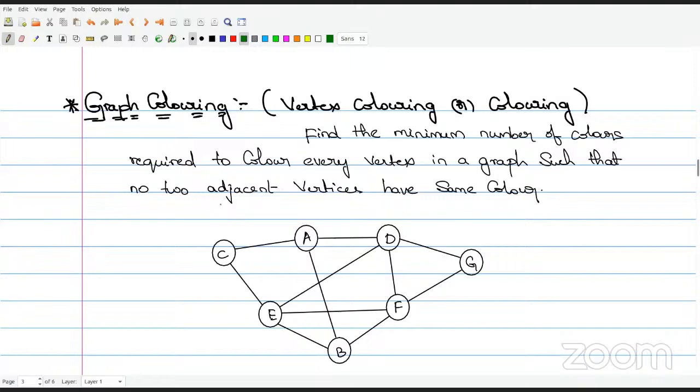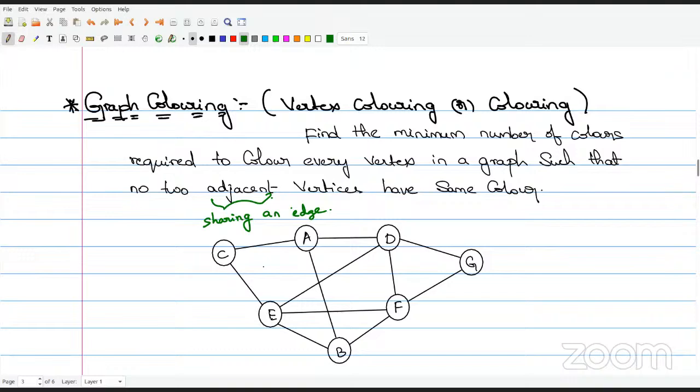So adjacent means sharing an edge. If two vertices are connected with a direct edge, then those two vertices are called adjacent vertices.